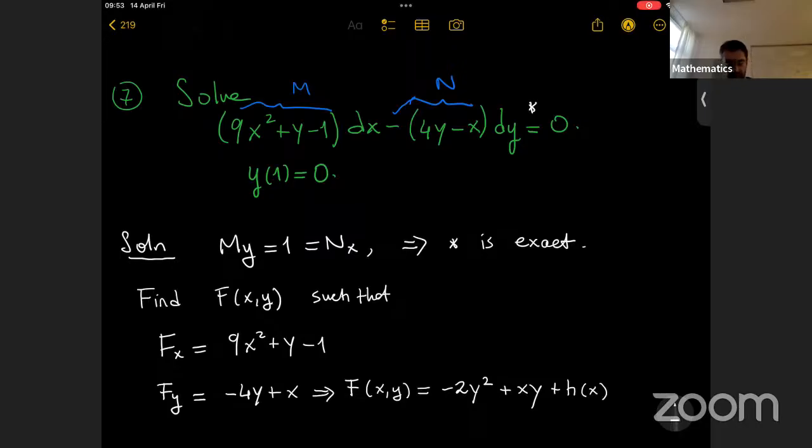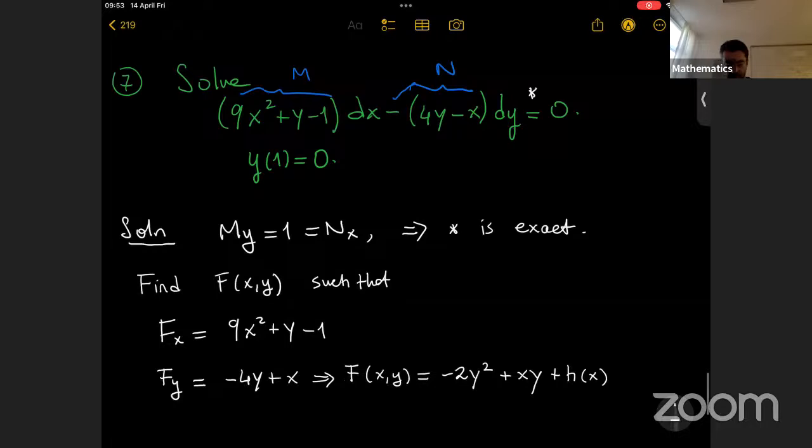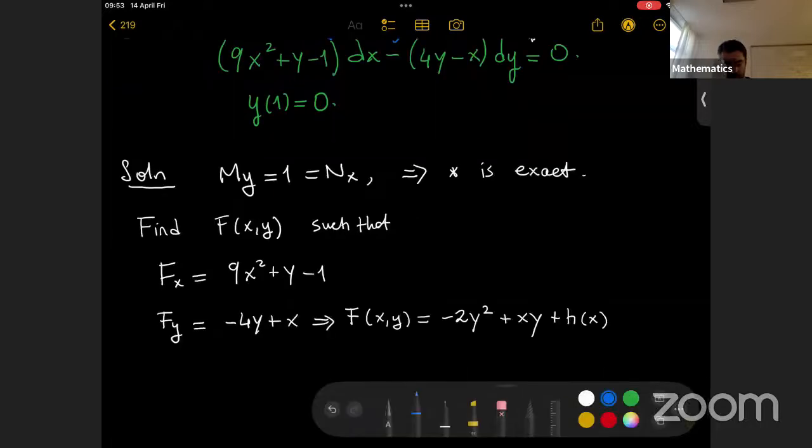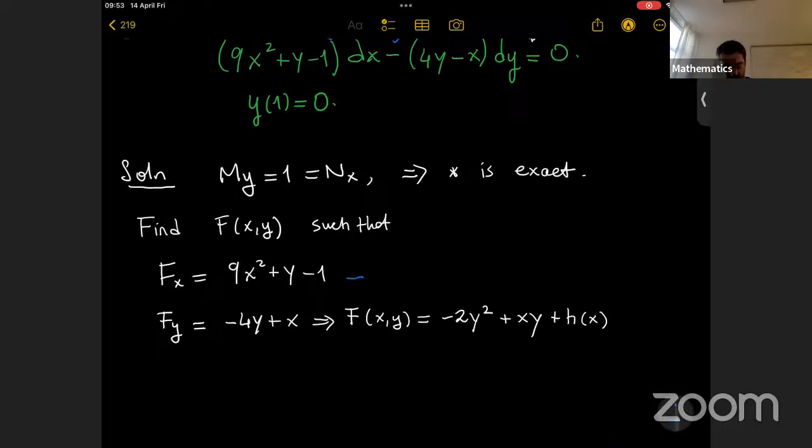And using this, I will differentiate with respect to x, and this is equal to, from here, you differentiate this with respect to x. So you get basically y plus h prime of x, okay? Which implies h prime of x is equal to 9x squared minus 1.